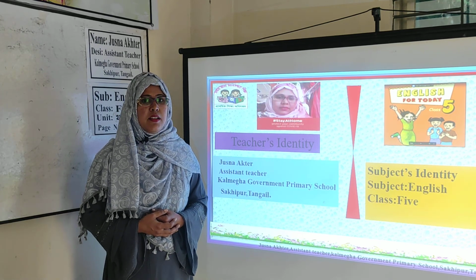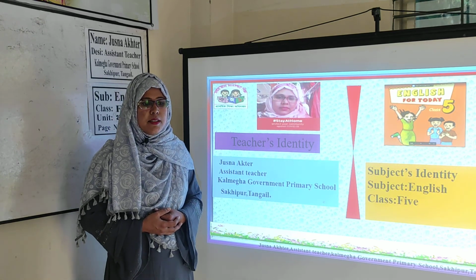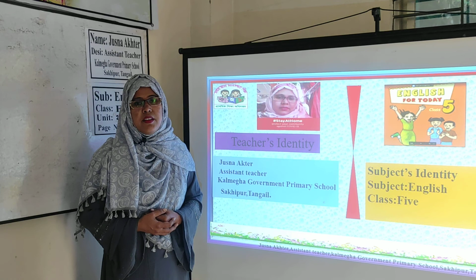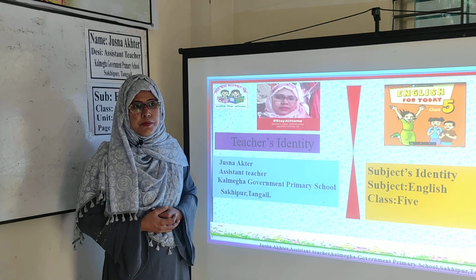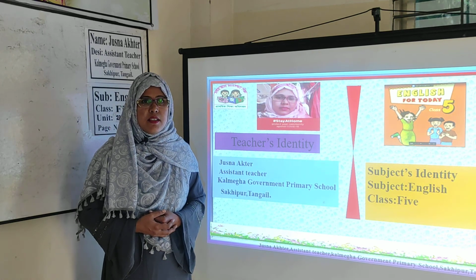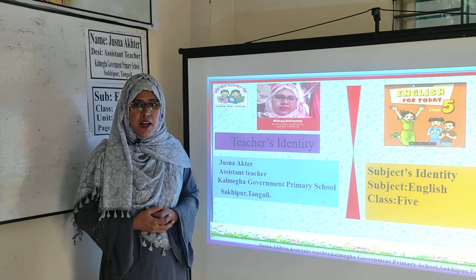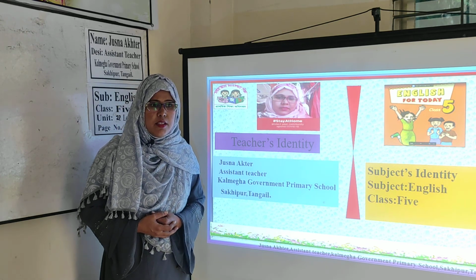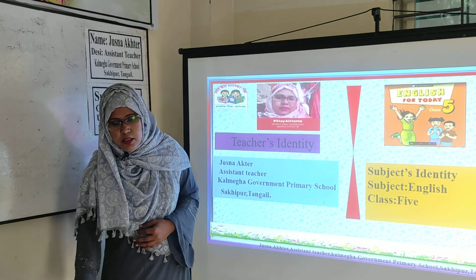Then we also learned to match column A and column B, and some questions, fill in the blanks, and how to write 5 sentences about birthday party. And finally we have learned one art word. This word is celebrate.